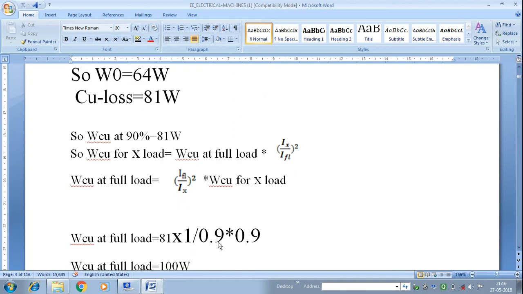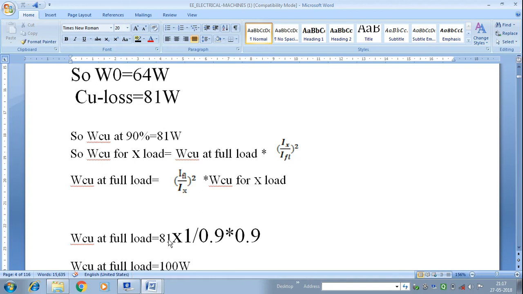So here WCU at full load is equal to IFL by IX square into WCU for X load.